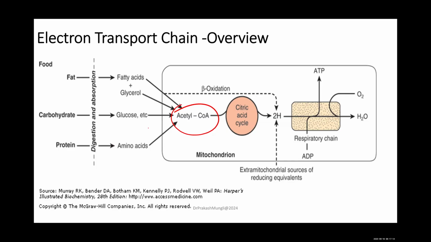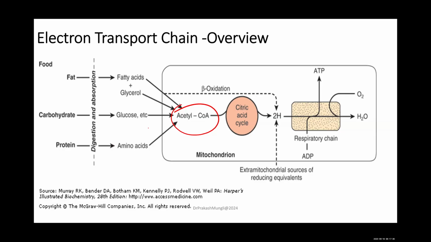The outcome of the TCA cycle is what? You get NADH plus H plus, and FADH2. That's how we say it. Whether it is NADH or FADH2, you get 2 protons, and these protons are systematically transferred through different complexes in the electron transport chain.